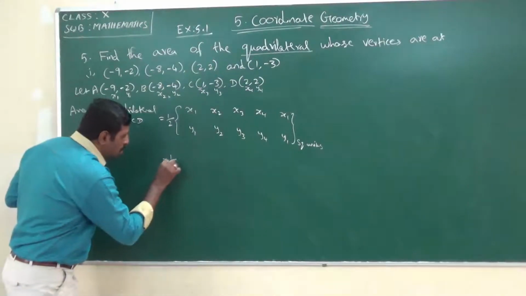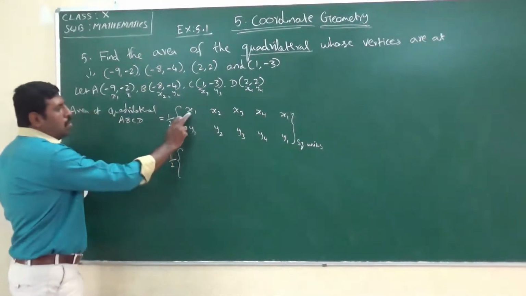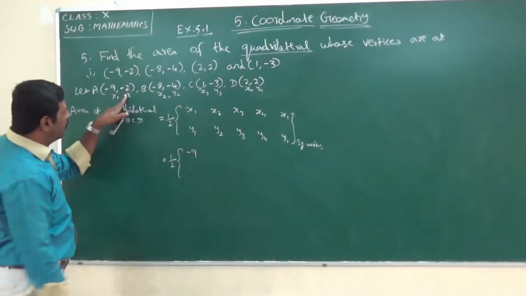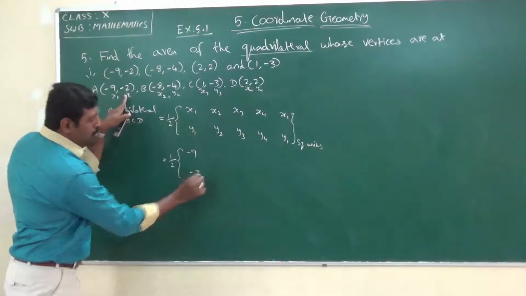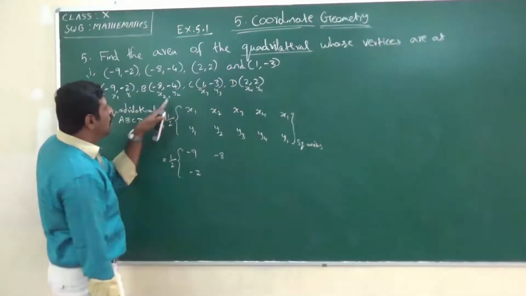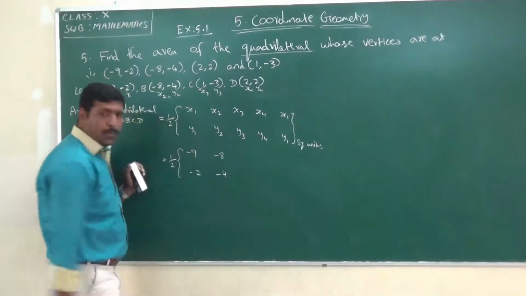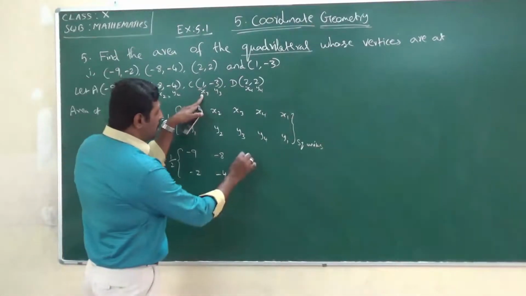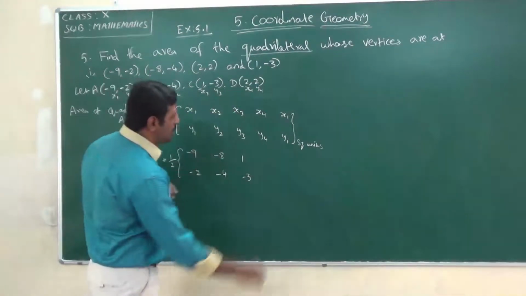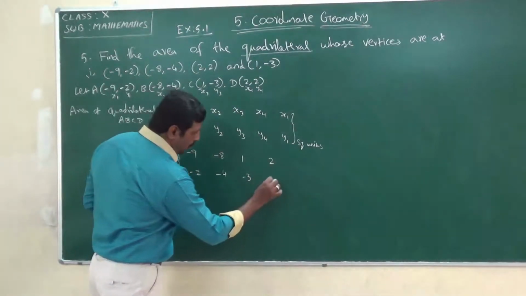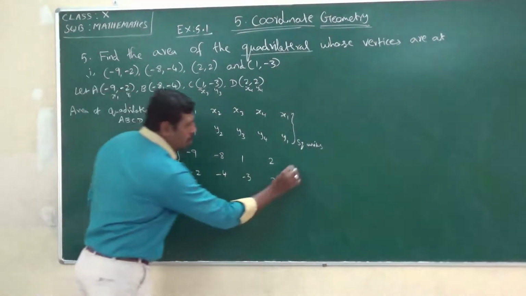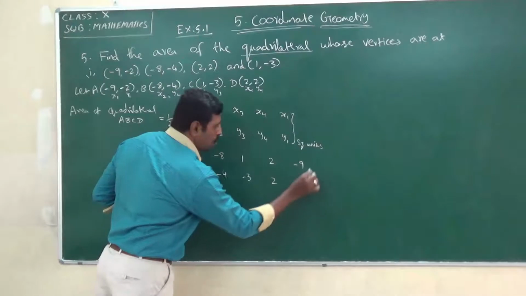Now this is equal to half into, what is the point of x1? Here x1 is minus 9 and y1 is minus 2. Then x2 is minus 8, y2 is minus 4, x3 is 1, y3 is minus 3, and x4 is 2, y4 is also 2, again x1, y1, minus 9, minus 2.